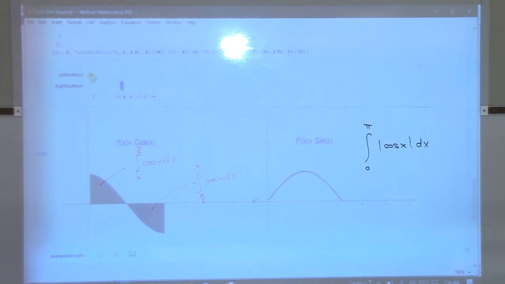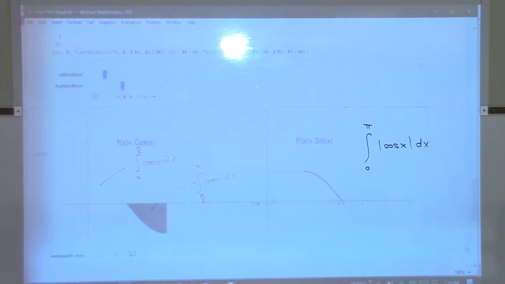Let me move the left-hand side like this. Why is that giving me a positive answer? I should be getting a negative answer here.